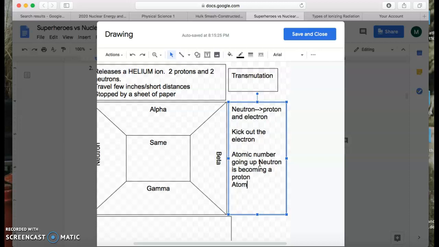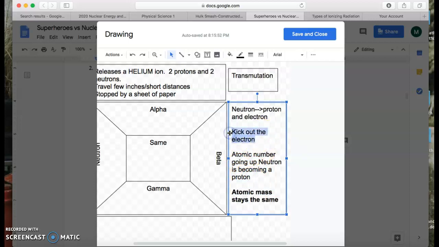Wrong. The atomic mass stays the same. Why? Because neutrons and protons make up the nucleus. So even if a neutron changes to a proton, it's still all in the nucleus together. It's still going to have the same mass. So the atomic mass stays the same. The atomic number is the only thing that goes up.